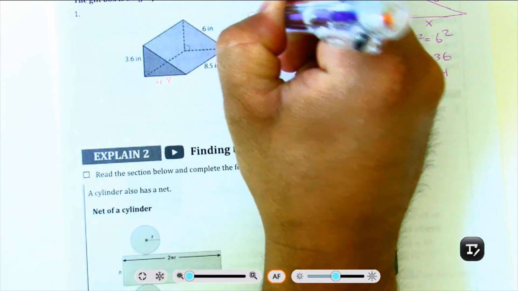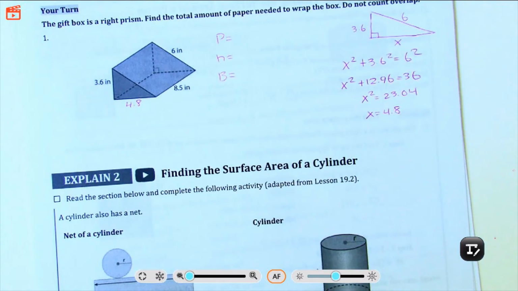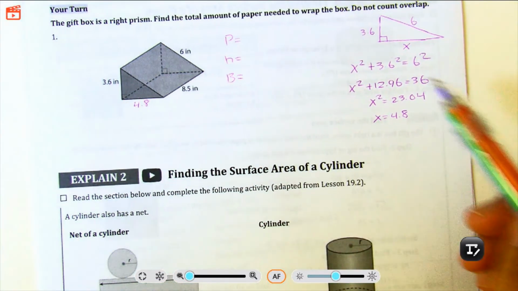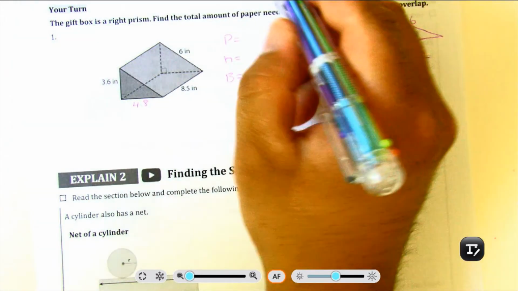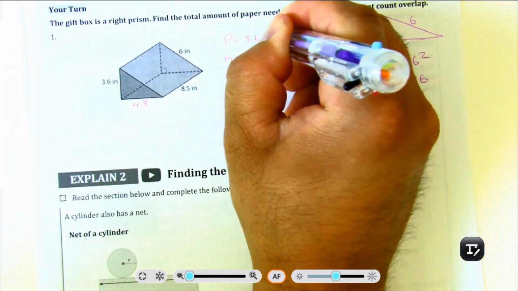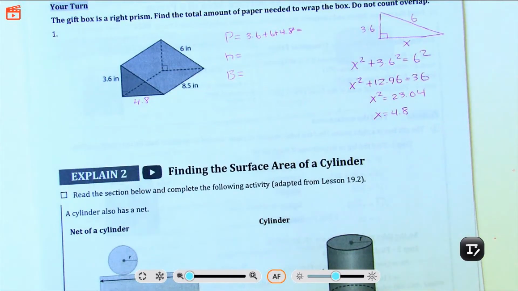The perimeter is going to be 3.6 plus 6 plus 4.8, which is 14.4.